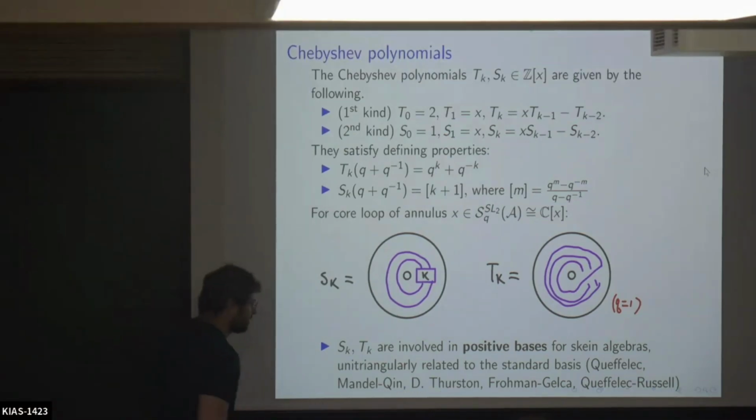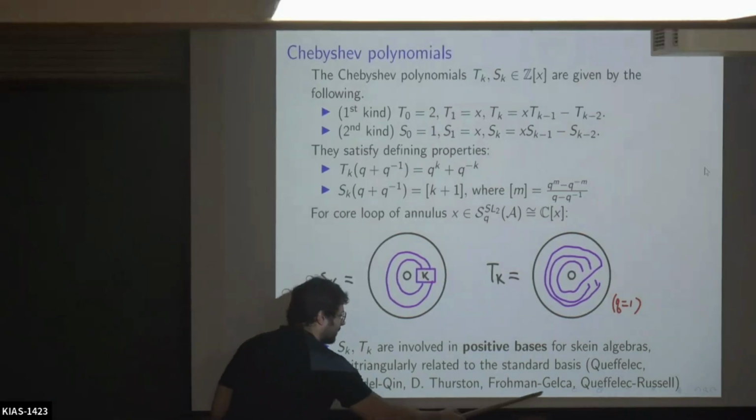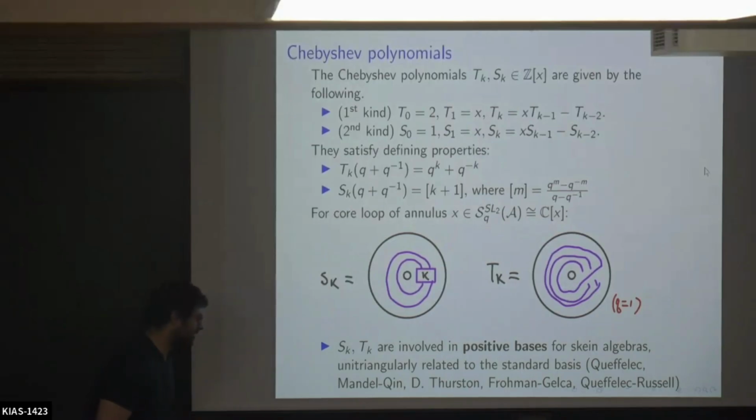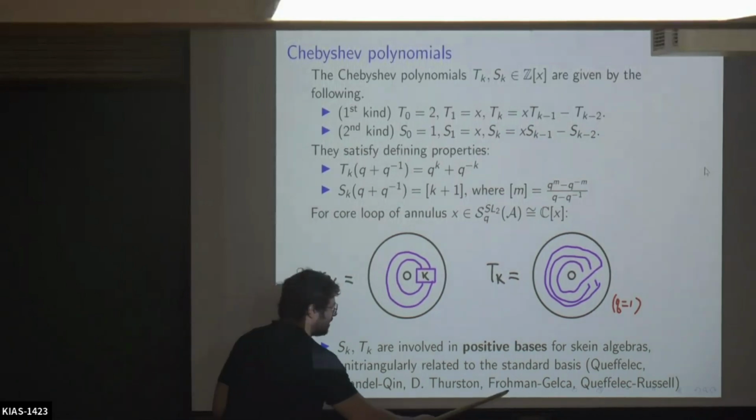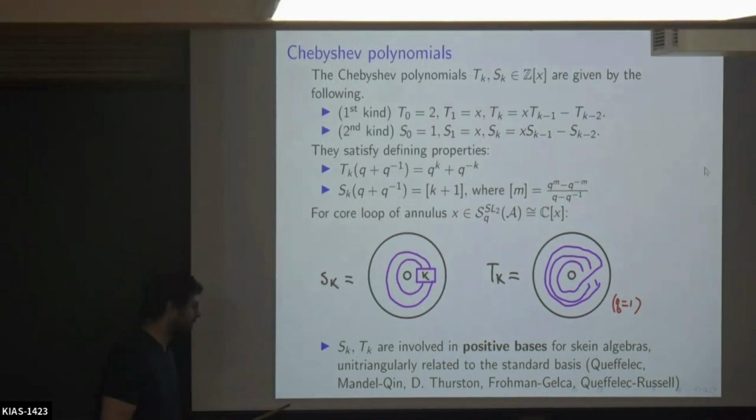Dylan Thurston originated that conjecture and proved it for q equals 1. For the torus, the bracelets basis was constructed 25 years ago, and that was the only example known for a while. So these Chebyshevs are ubiquitous in Skein theory. They show up for generic q and at a root of unity.